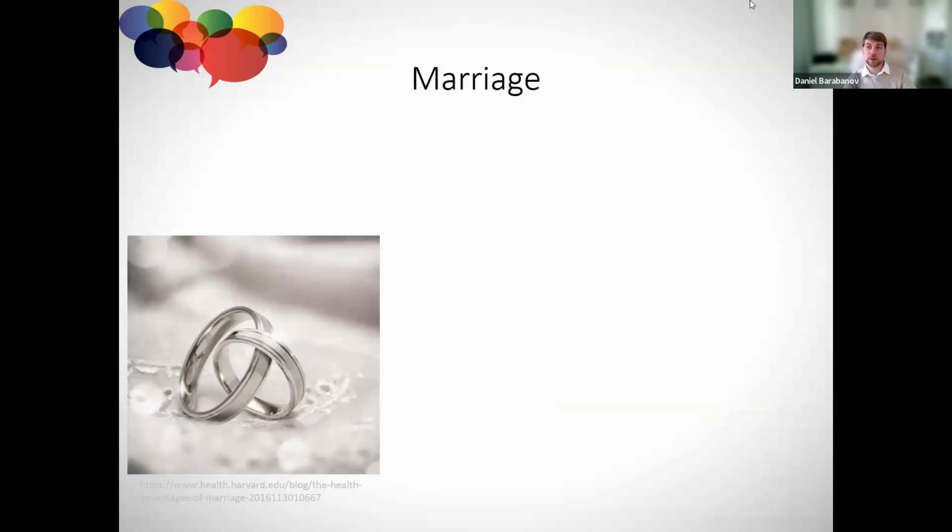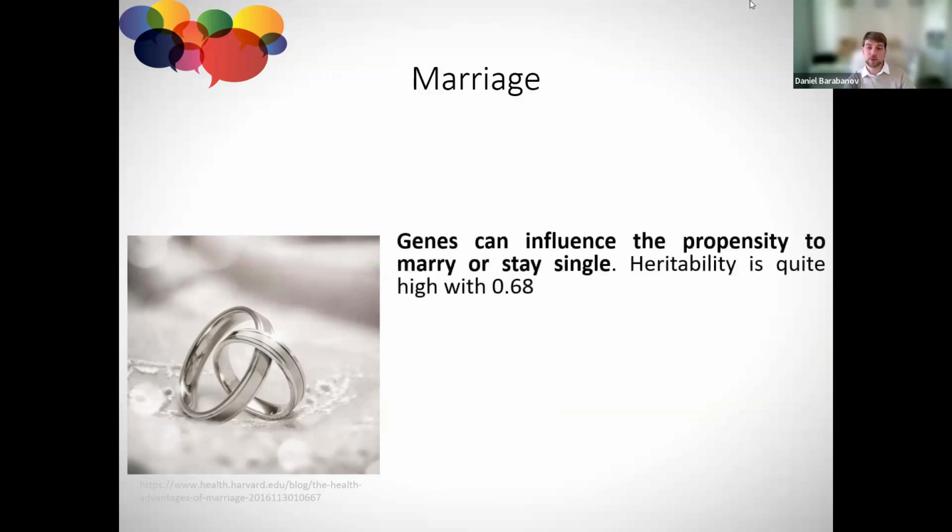Marriage. Behavioral geneticists also tried to research marriage, and they got quite surprising findings. First of all, the whole idea, will you marry someone or not, shows very high heritability of 68%.